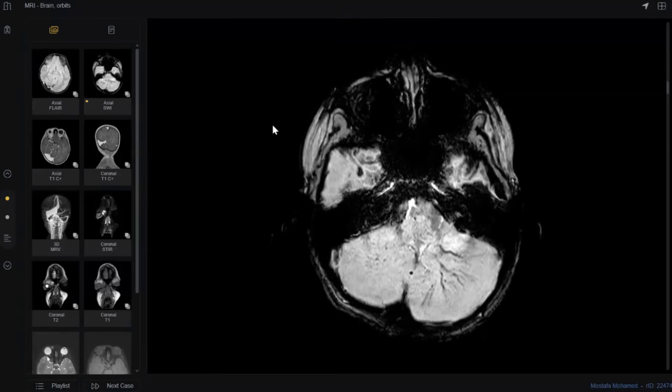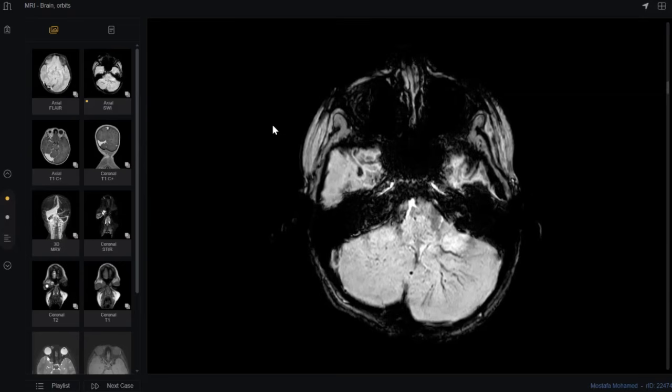I think there is some lesion, I guess, in the right cerebellar hemisphere. I don't know. Look here in this slide, please. What do you think?